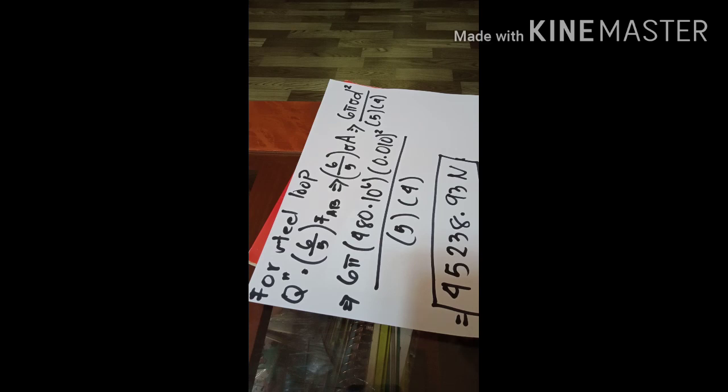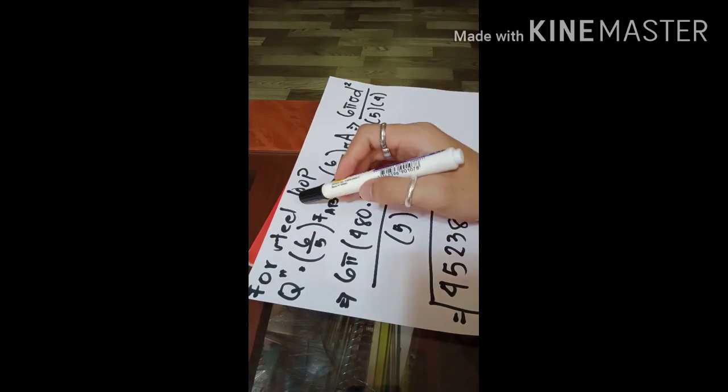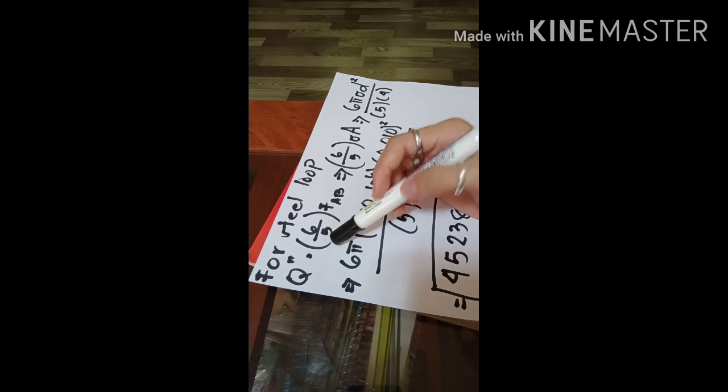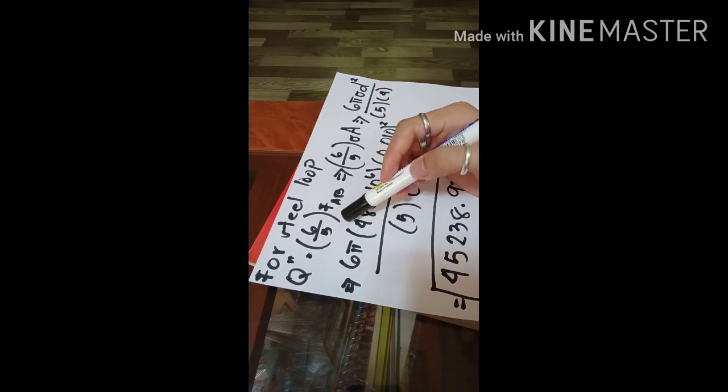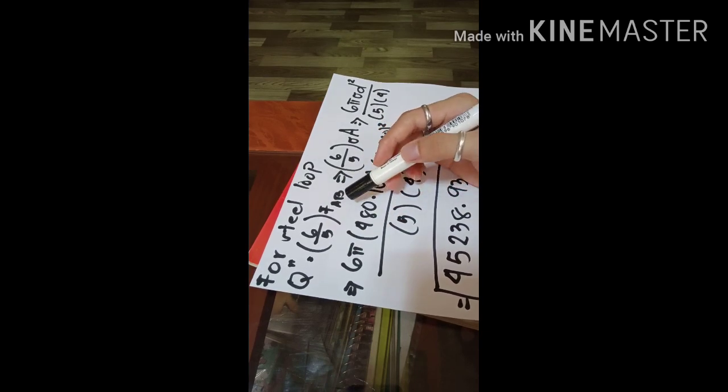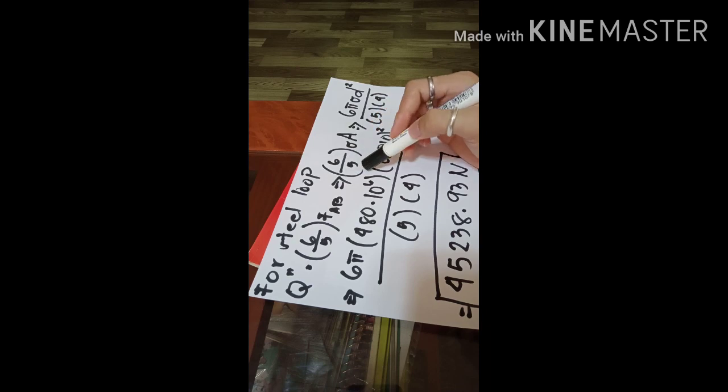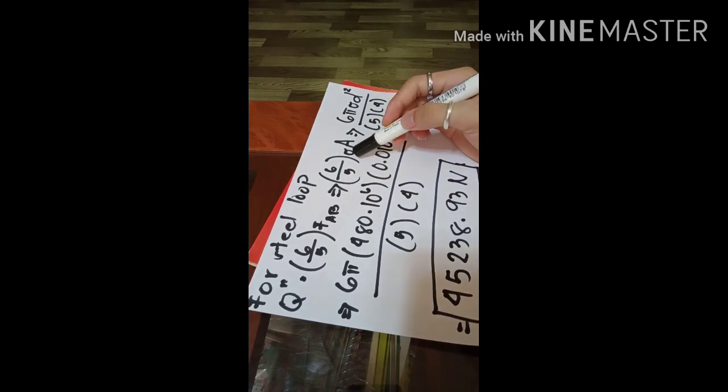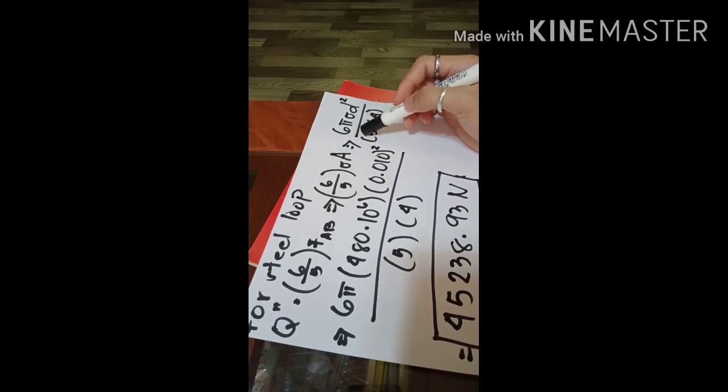And next, we are going to solve for the steel loop. Q double prime is equal to the quantity of 6 over 5 F sub AB. Next is 6 over 5 normal stress times A. And next is 6 pi normal stress D squared over 5 times 4.